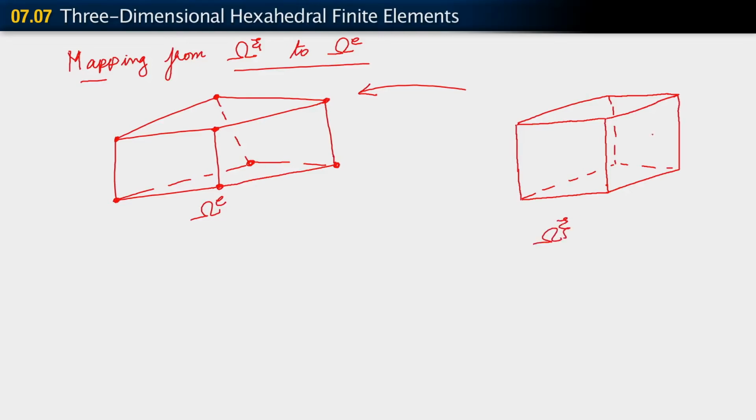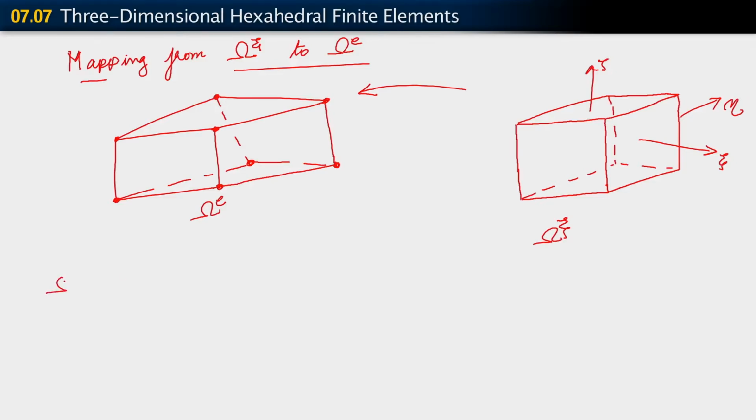Now, in this domain, since this is 3-dimensional, we have coordinates xi, eta, and zeta. Okay, and in terms of xi, eta, zeta, again, this is a bi-unit domain.